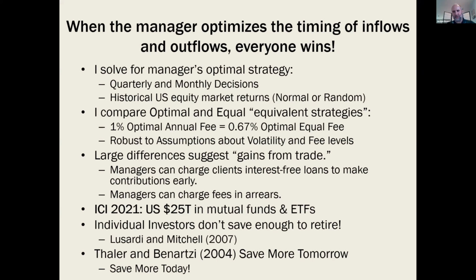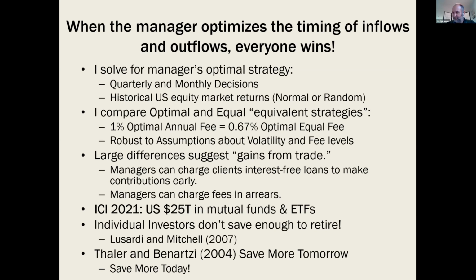And so these differences suggest potential gains from trade. In other words, they suggest the ability for managers to time, potentially even charge clients interest-free loans so that they can make contributions early, or defer fees and apply those fees at the optimal times, and make investors potentially a lot happier and therefore potentially willing to invest more, which is good for them and good for the managers as well.